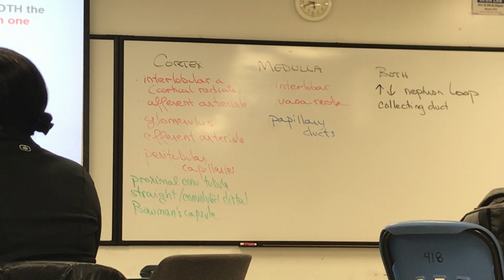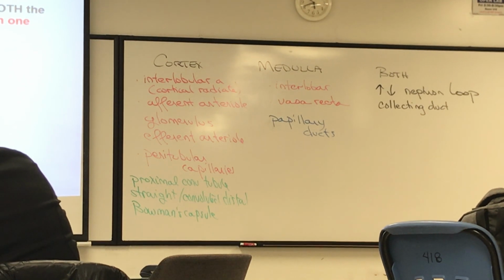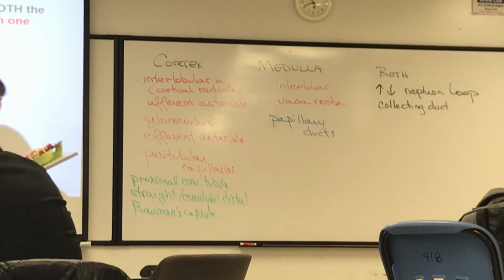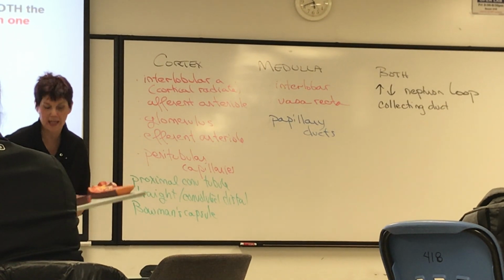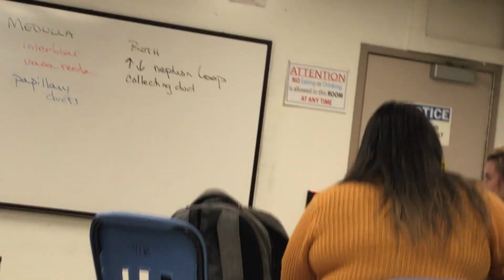All right, so we're gonna start out in the process of urine formation by looking at the first event, which is the filtration, okay? And we reviewed the definition of filtration by saying it was the separation of particles by size.